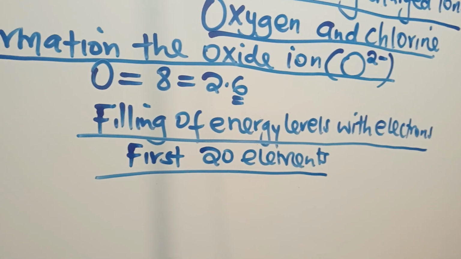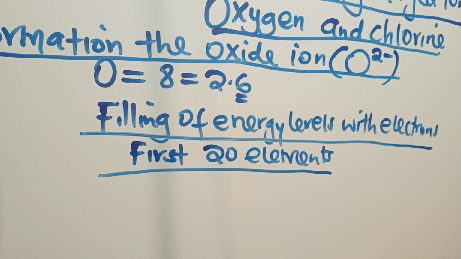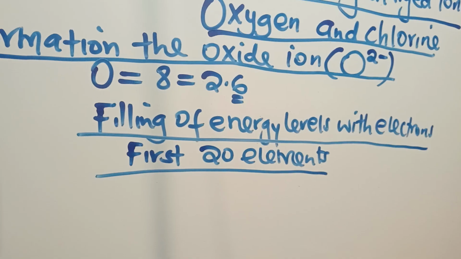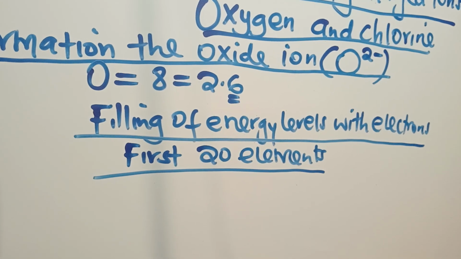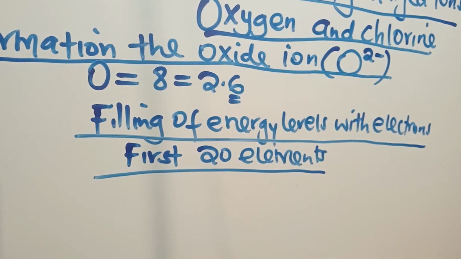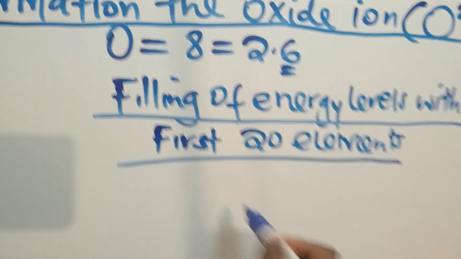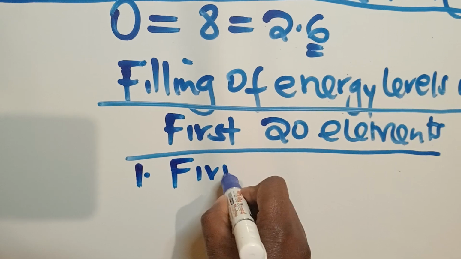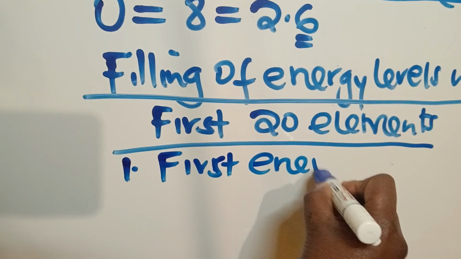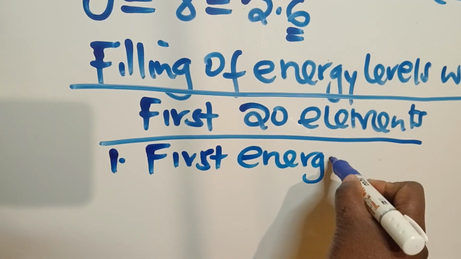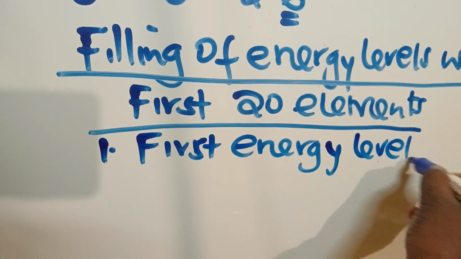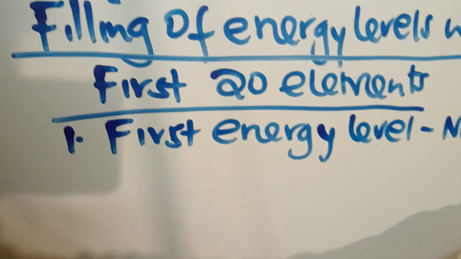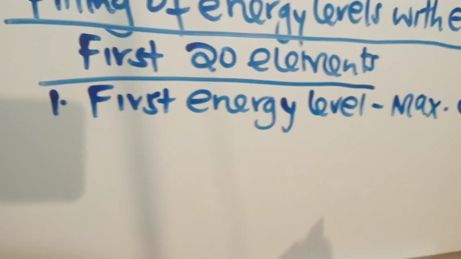And I insist these ones are for the first 20 elements, because when you go up there from number 21 up there, some of the rules will change. So the first rule for the first 20 elements is that the first energy level has a maximum of 2 electrons.